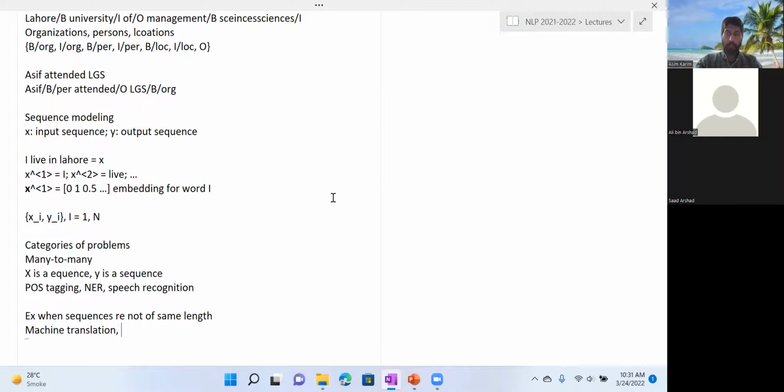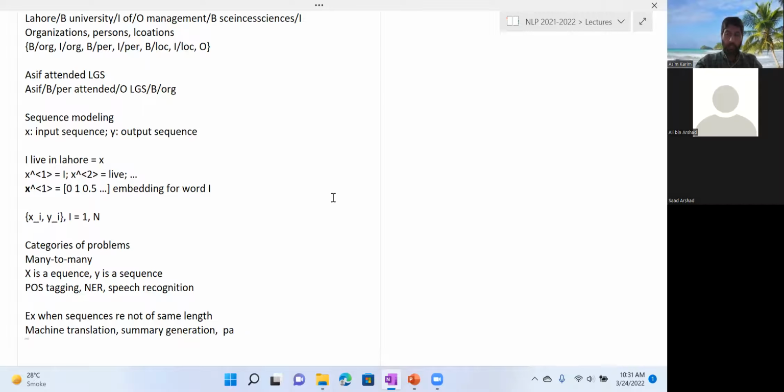What else? So you can even have, for example, summary generation. So input X is, let's say, a whole passage, a news article, for example. Output Y is a summary of that news article. In this case, X is generally a longer sequence than Y. Okay?